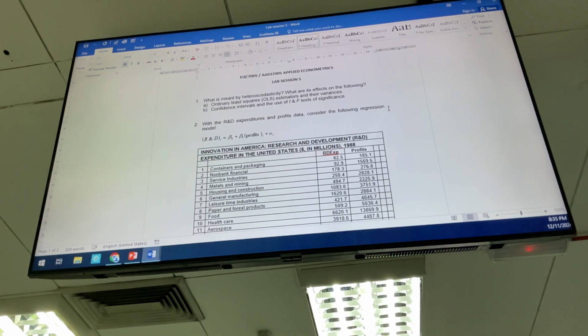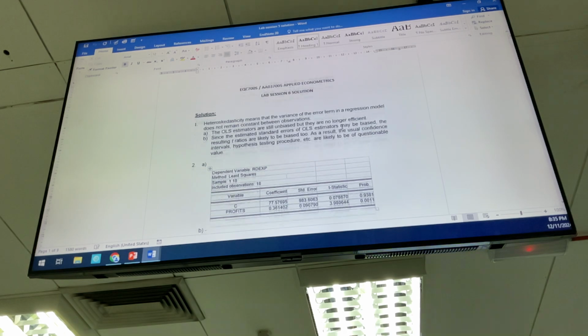That is what we started here, so I explained to you that it represents the problem when we have a different error variance, not a constant error variance.